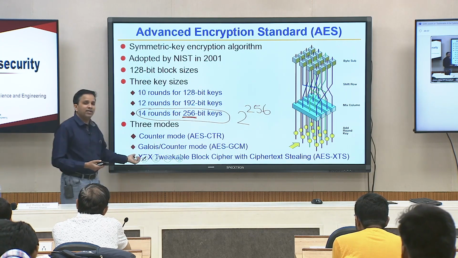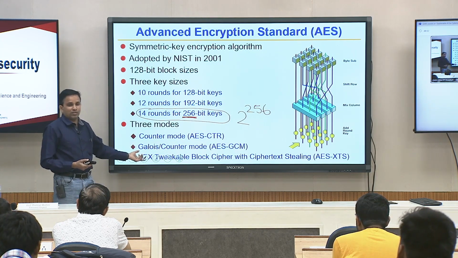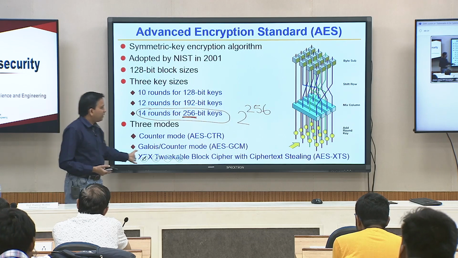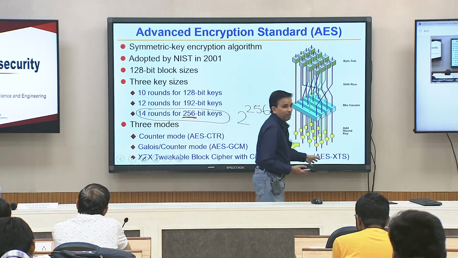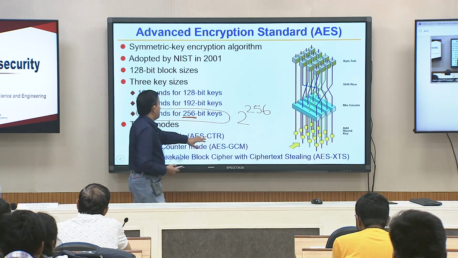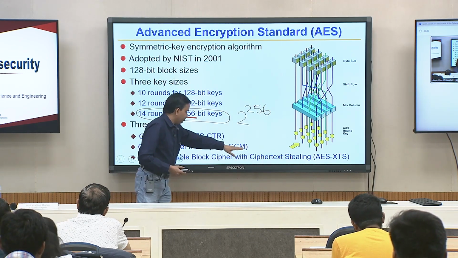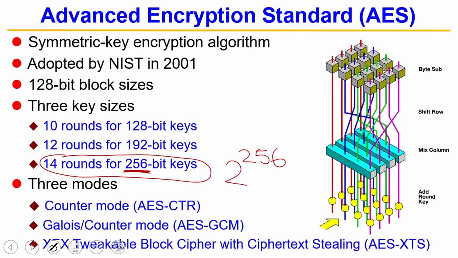XEX stands for XOR encrypt XOR. But whatever the big name is, AES XTS, a lot of people use that one. Most people rely on transport layer security, which uses AES GCM. Any question on this algorithm before we go in?